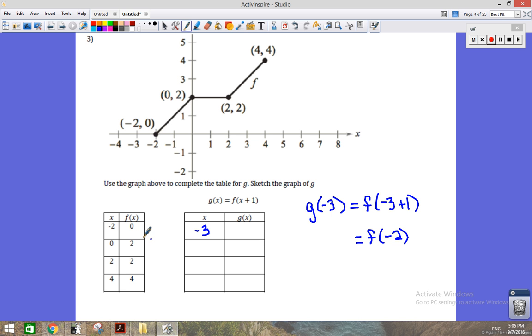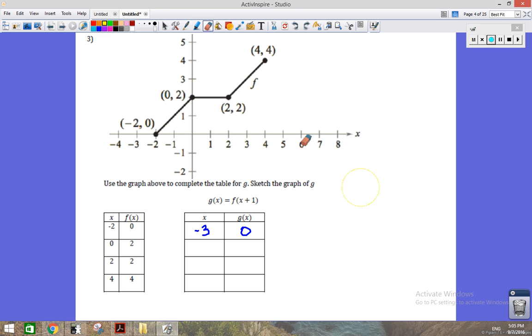And if I go to the table, f evaluated at negative 2 is 0. Okay, so I was a little bit clever in selecting the negative 3 because I needed to have this be a value that's in my table.